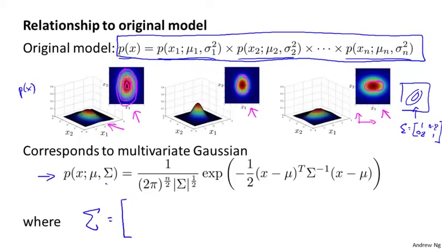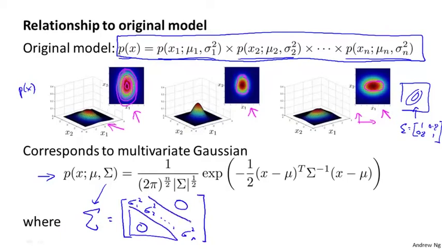In particular, the covariance matrix sigma would be sigma squared 1, sigma squared 2, down to sigma squared n. And then everything on the off-diagonal entries, all of these elements above and below the diagonal of that matrix, are going to be 0. And in fact, if you take these values sigma squared 1, sigma squared 2, down to sigma squared n, and plug them into this covariance matrix, then the two models are actually identical.